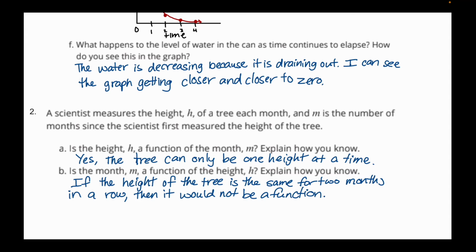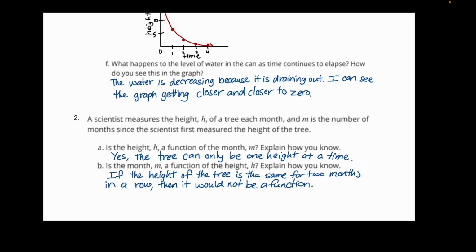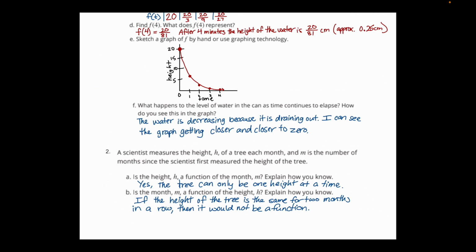But I think it's probable that this tree could have been the same height 2 months in a row. So I'm going to leave that as my answer. So it's sort of conditional. But if I had to choose one, I would choose no, because it's possible that it's not a function.